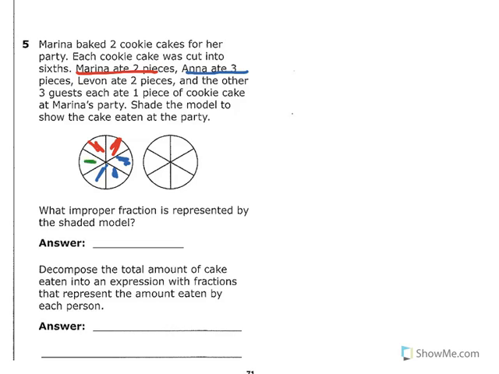There'll be 1 there, 1 over here. Get Levon. And the other 3 guests each ate 1 piece. So that's 1, 2, 3. They each ate 1/6 of it.